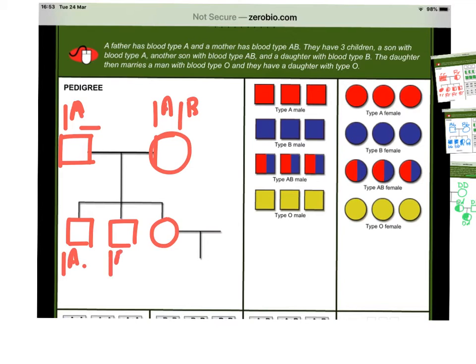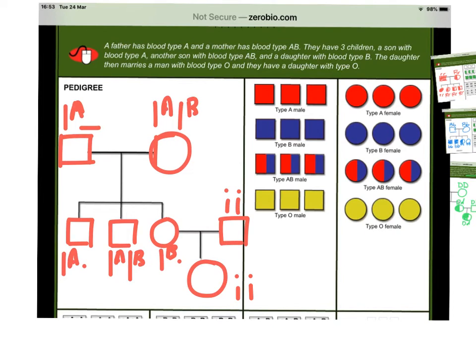They have another son who's AB, and we could fill that in, and they have a daughter who is B. And again, let's just fill that in for now. Now, she marries a man who is blood type O. He is blood type O, so he's definitely lowercase i. And they have a daughter who's O.